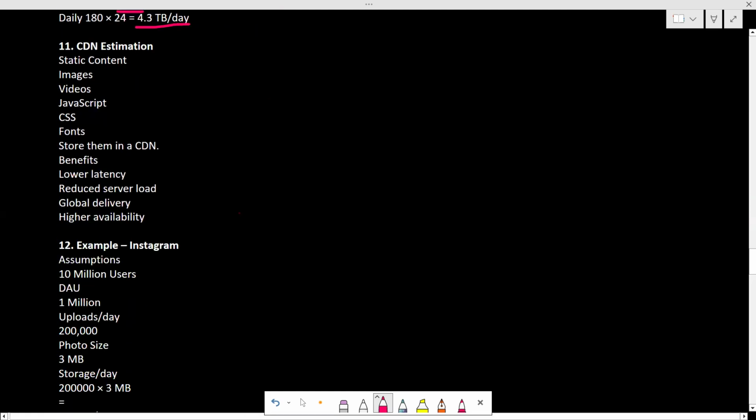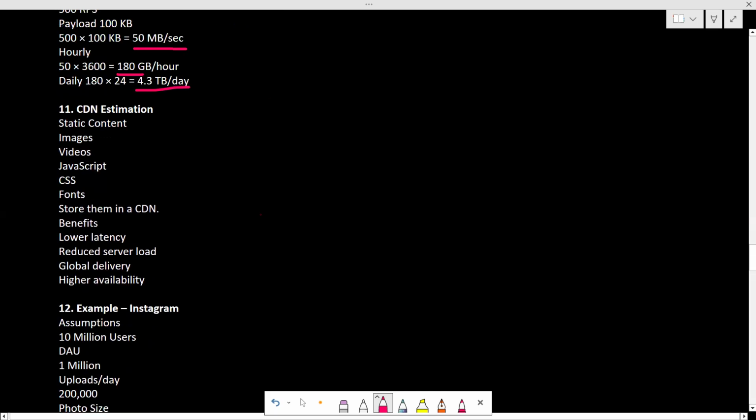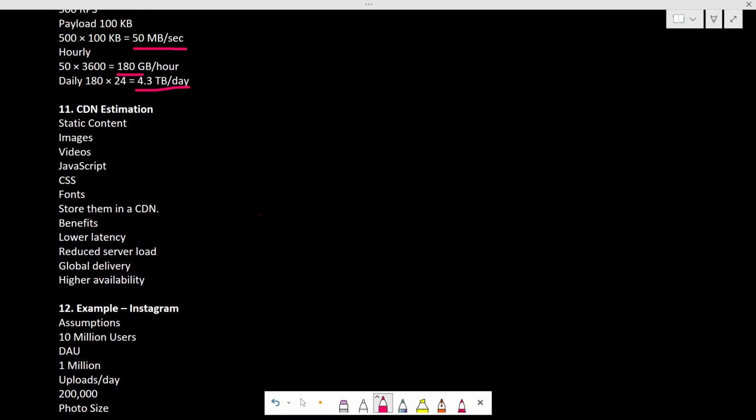Now CDN estimation. Static content such as images, videos, CSS, JavaScript, and fonts should not always be served directly from the application servers. Instead, we use content delivery networks, CDNs, which store these files closer to users around the world.